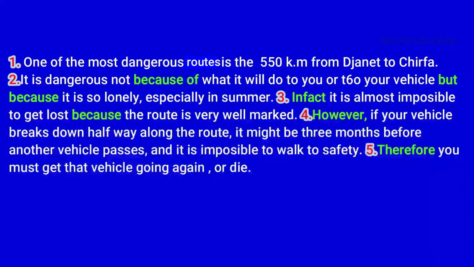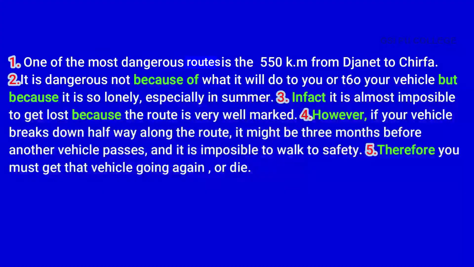Now let me explain the nature of function each linker fulfills in this paragraph. In the first sentence, we don't have any linkers to explain. But in the second sentence, you have 3 linkers. The first one is because of, then but, and again because. In sentence 2, the linker because of gives the hint why the route is dangerous.